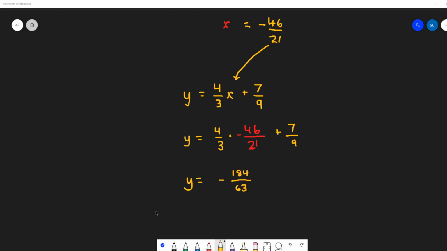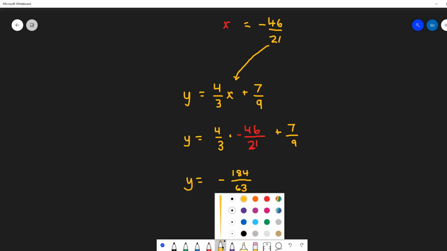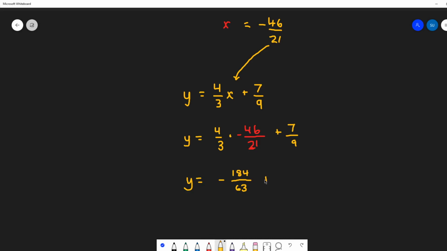Pull out my calculator here. 4 times 46. Yep, 184. And we now can add that plus 7/9. 7/9 is the same thing as 49 over 63, times 7 on top and bottom, if we were to convert that into a denominator of 63.